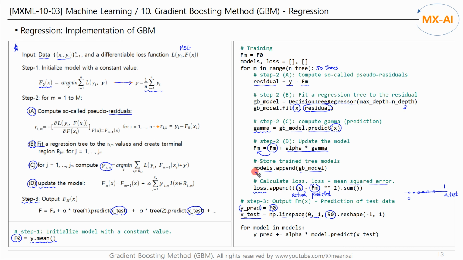Read the models stored in the training process one by one. Predict the test data, and multiply them by the learning rate, and then accumulate them all. This is the prediction process. The y-value of each test data point will then be predicted as follows.